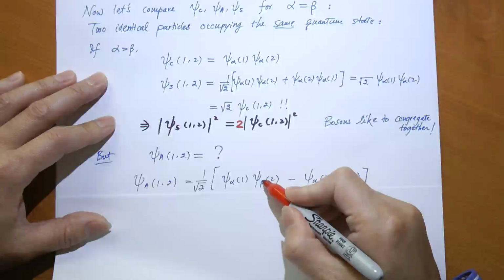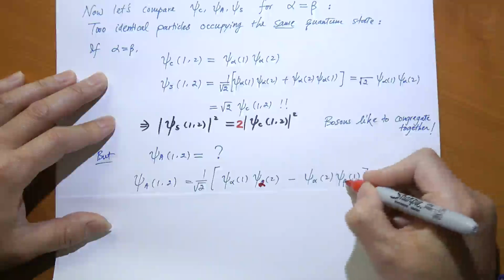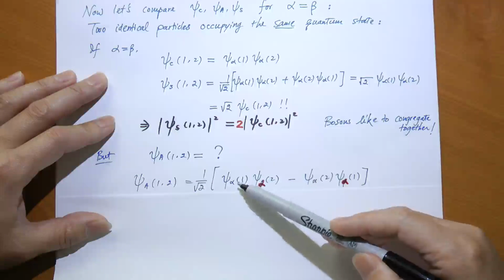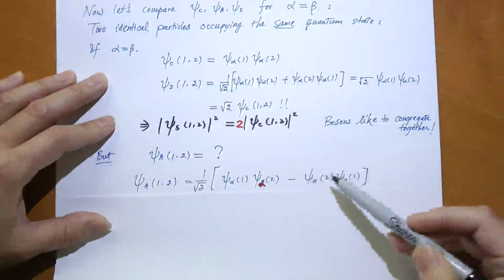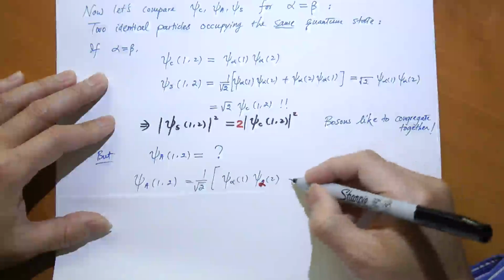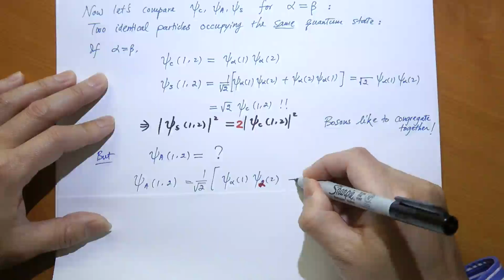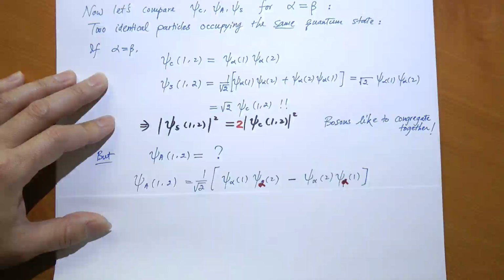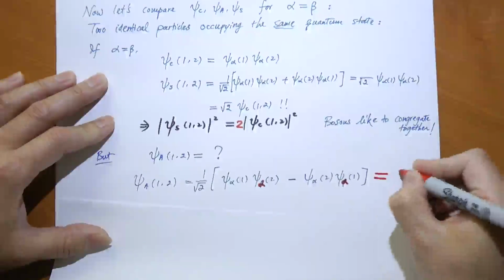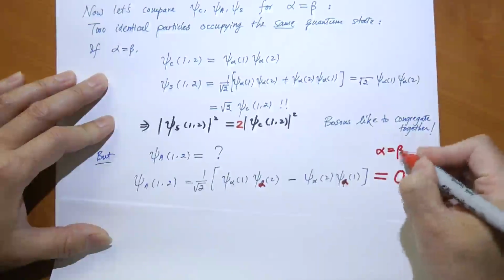So I'm going to rewrite this beta as alpha and this beta as alpha. Now take a look. The first term is what? Psi alpha 1, psi alpha 2. The next one is also psi alpha 1, psi alpha 2, but there is a negative sign. The two terms then happen to cancel each other, and you get nothing. 0 if alpha equals beta.